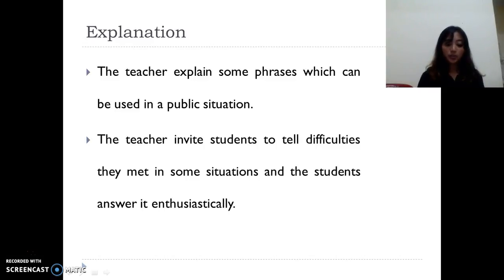When the teacher explained, she invited students to tell difficulties they met in public situations, and the students answered enthusiastically. She also said things like, "Can you mention some of those situations that you don't like or that bother you in public situations?